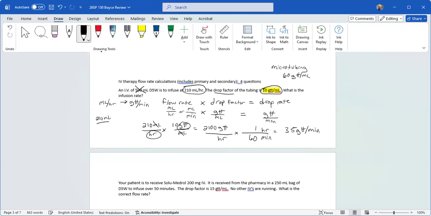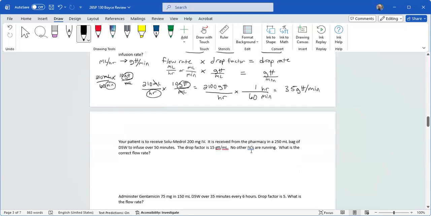So 210 milliliters per 60 minutes times my drop factor, which is 10. Before I even take out my calculator, I can already see that I'm in drops per minute. I'm in the units I want to be in, and I just plug it in the calculator: 210 times 10 divided by 60, and I get 35 drops per minute.